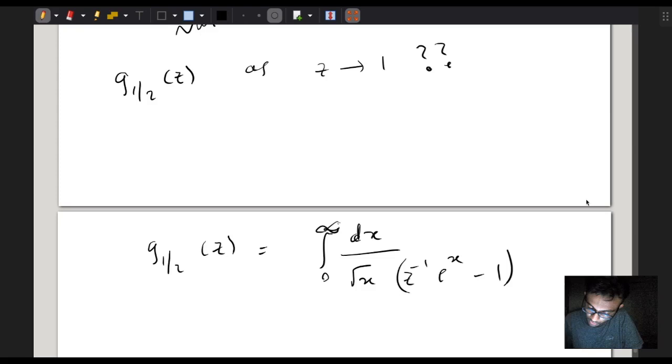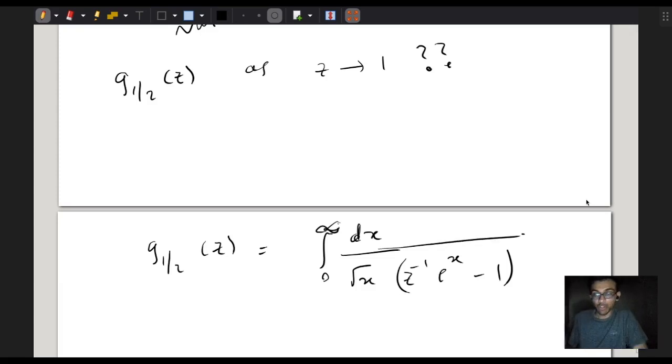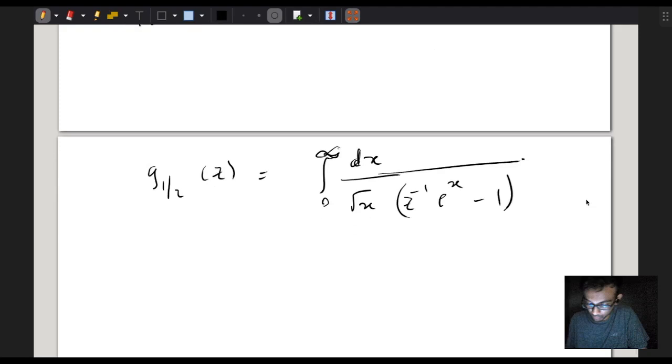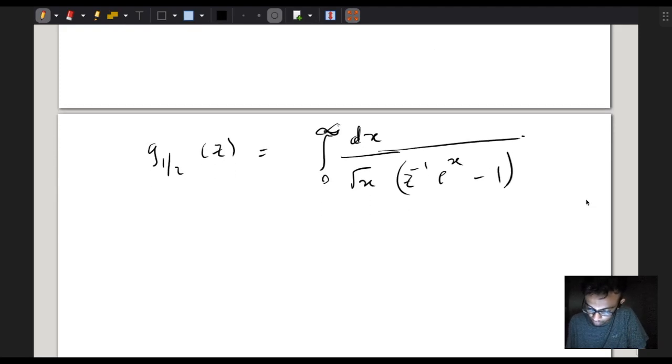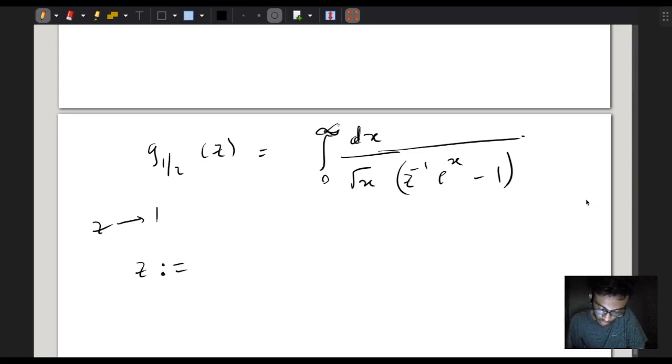This is the definition of this function. So we are going to take z to 1, or equivalently, we can define z as something e to the minus y and take y to 0.